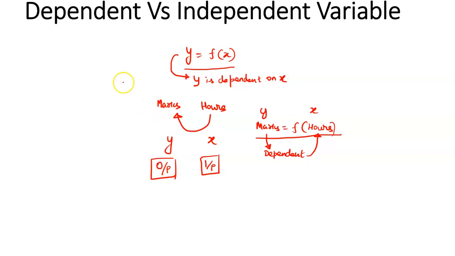So there can only be one y, but I can have more than one x. That is, y can be a function of x1, x2, x3, so on up to xn, right?